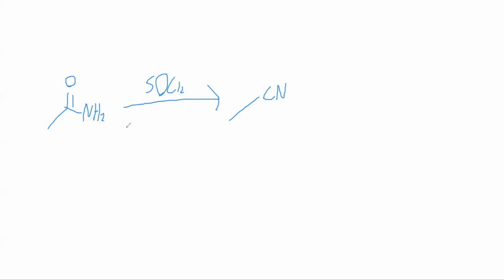But if you want a way to remember this quicker so you don't have to search for your notes, this is a dehydration reagent. Not usually what we used it for in this class, but it can also act as a dehydration reagent, which means that you're losing water.